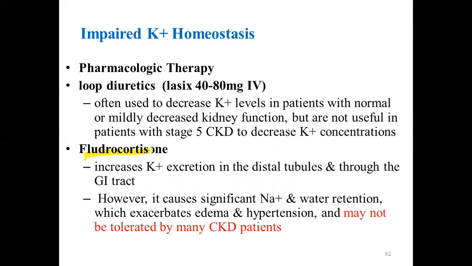So this can be considered, but the major problem is because of significant water retention as a result of fludrocortisone, this class of drugs is not really tolerated because of edema and hypertension in most CKD patients, so it is not commonly considered. So the management is the one I mentioned.